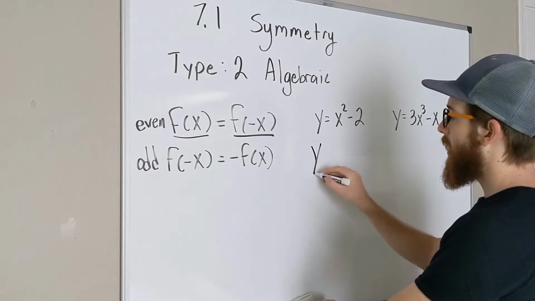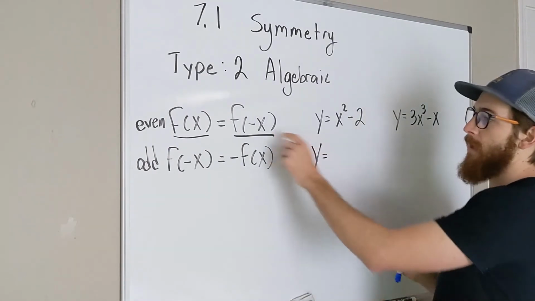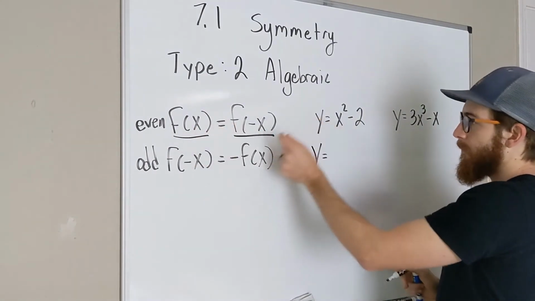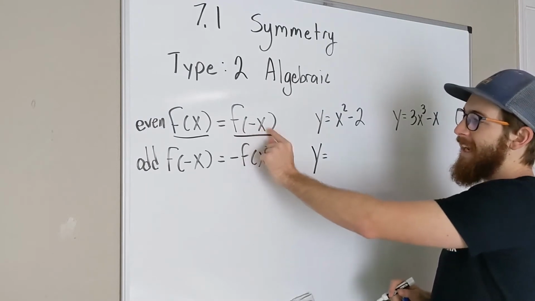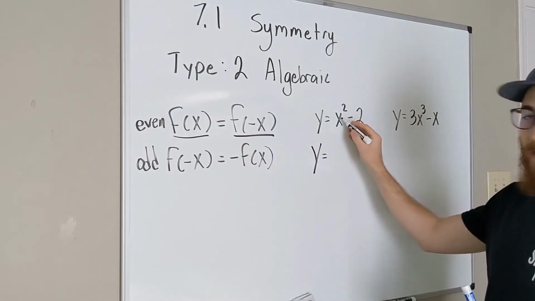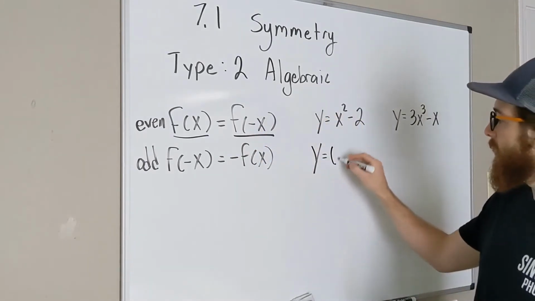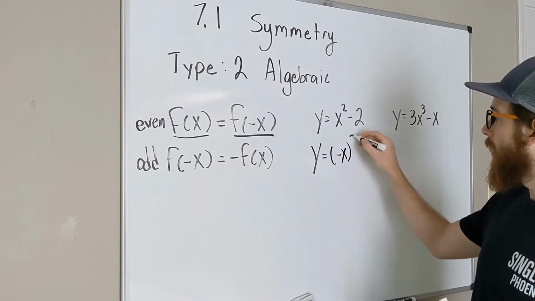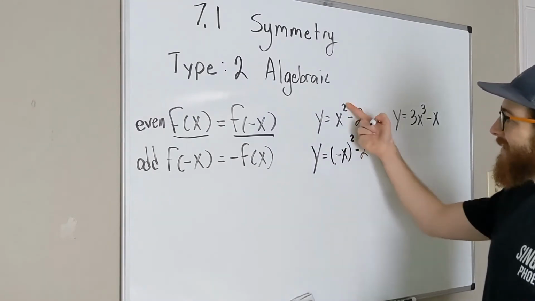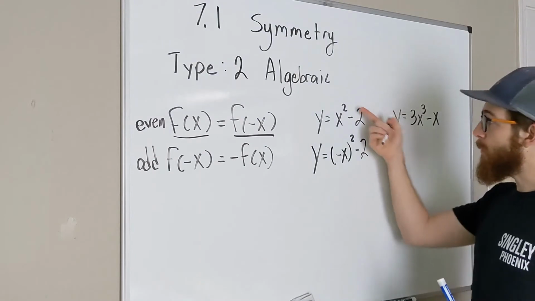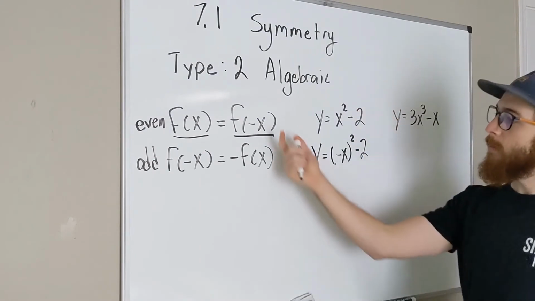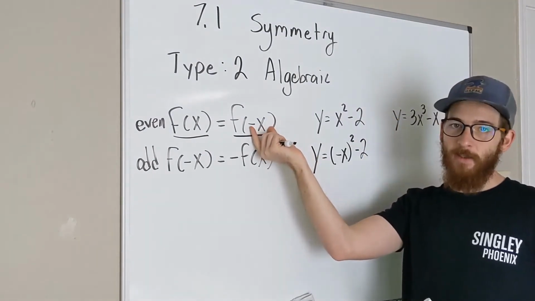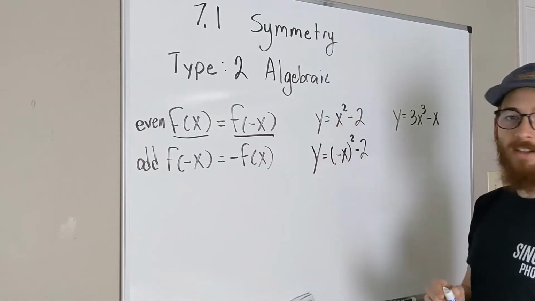I have y equals, so that's my f of x, but I want to make it negative x. So I'm going to replace every x with negative x. Notice I did that inside of the square. That's very important, inside of the square. Why? Because the negative is inside this piece, so it has to go inside the square.